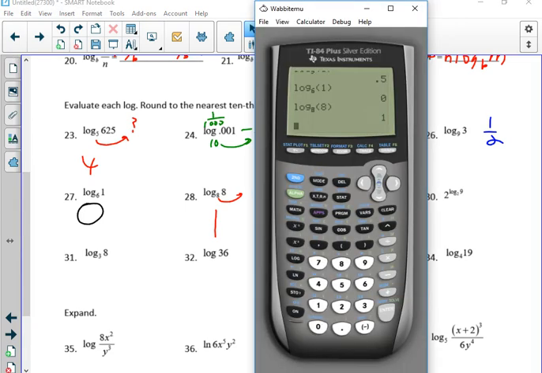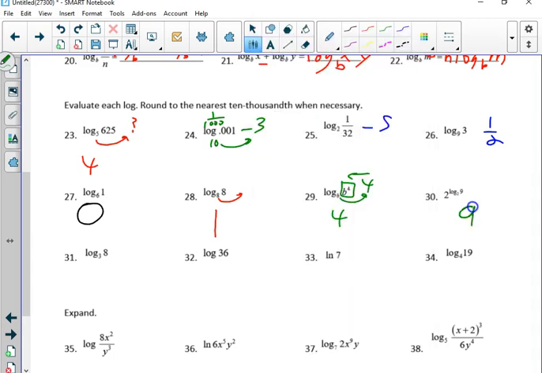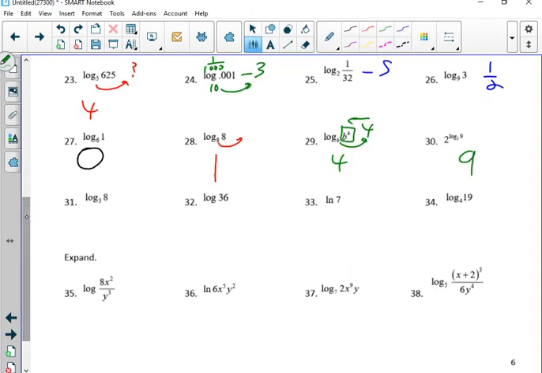Watch. This time it's 2 to the power of, and now I hit math, log base, and look, it looks just like it. 2, 9. And it's 9. This again is another theoretical one. But it's 9. Let the calculator help you out if you get into a jam.